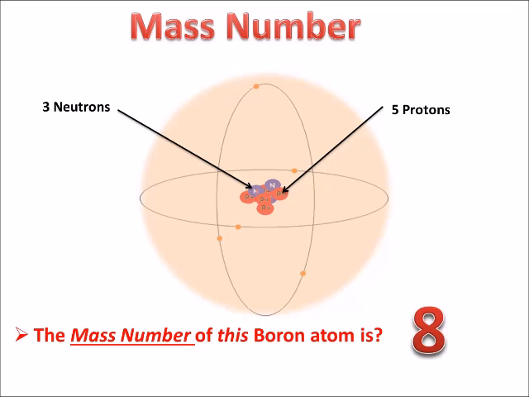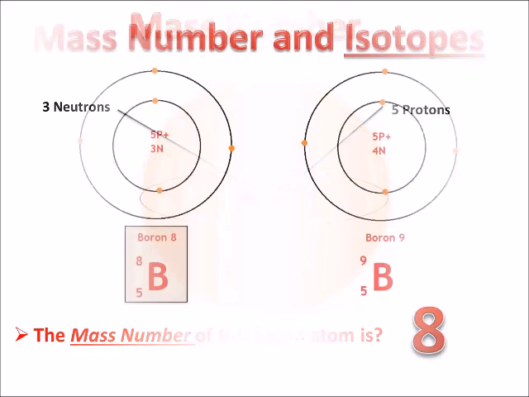It's still boron. It acts like boron. It looks like every other boron atom because there are 5 protons in the nucleus. But the mass number of this boron atom, in this case, is 8. The only difference between the 2 boron atoms that we've seen here is mass number.